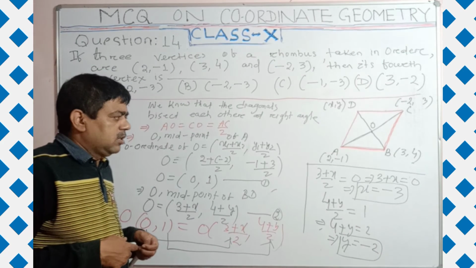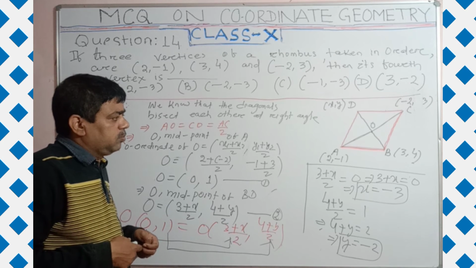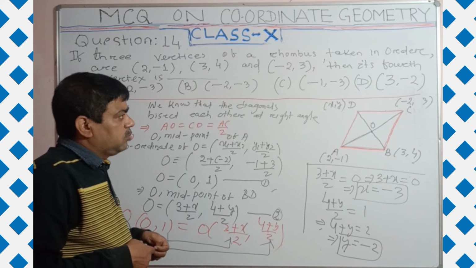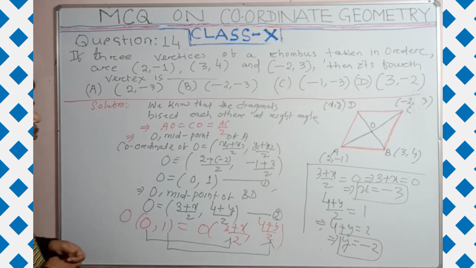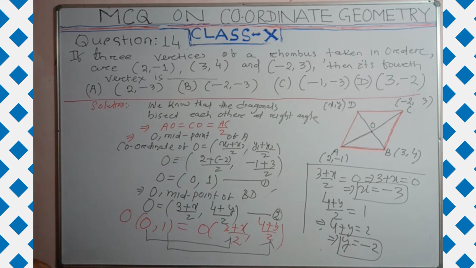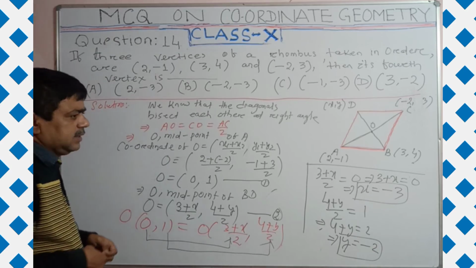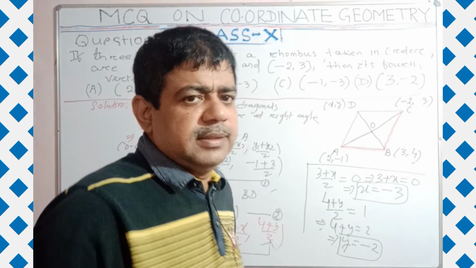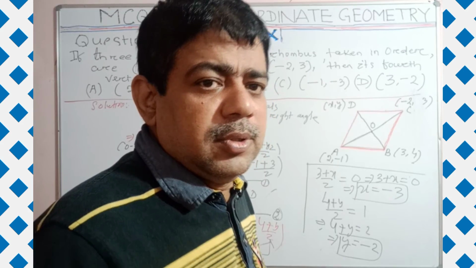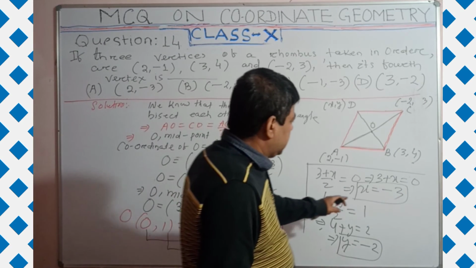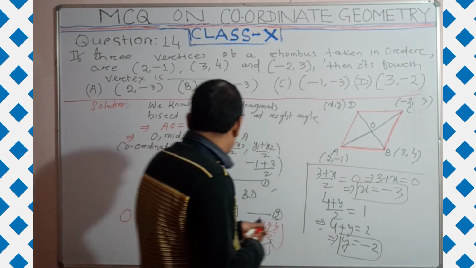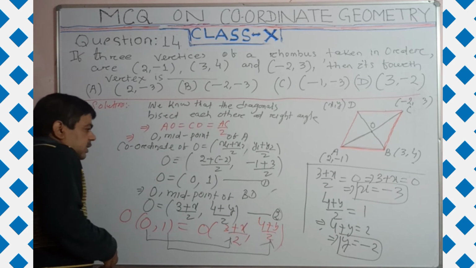So we got the value of x is minus 3 and the value of y is minus 2. Y plus 4 by 2 is equal to 1.